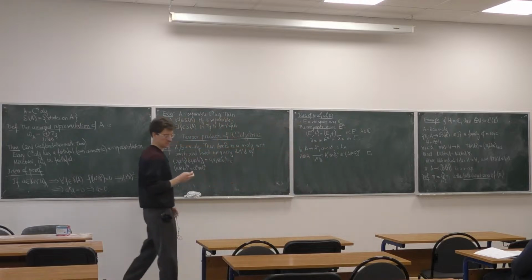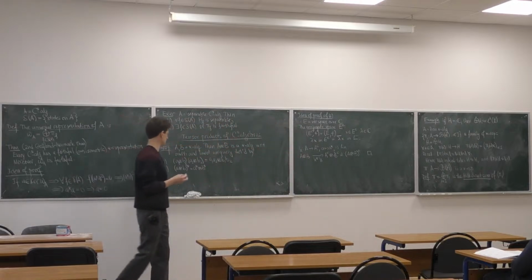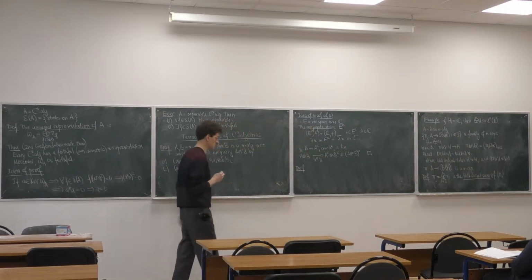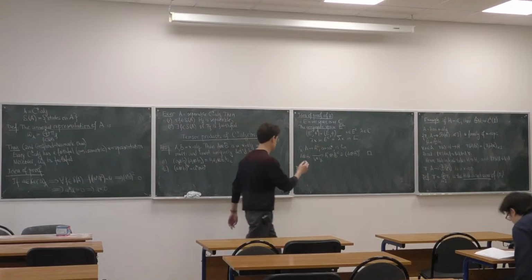So the next step is to define a C-star norm on the tensor product. Well, just in case, let's give a formal definition. Let's define what a C-star norm is.